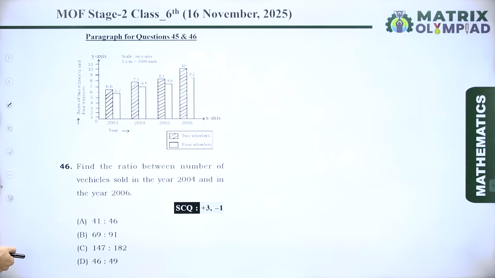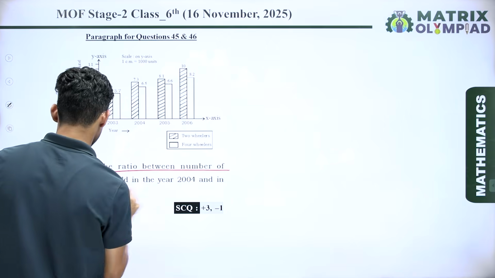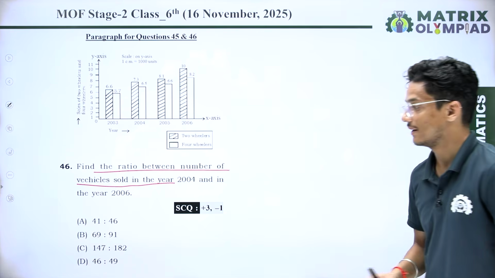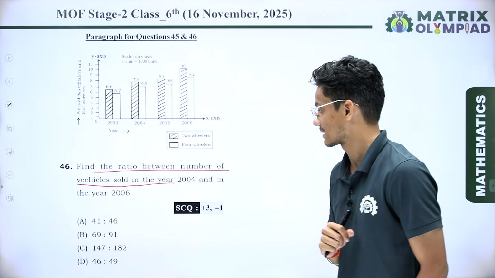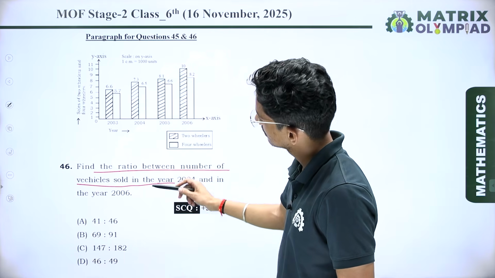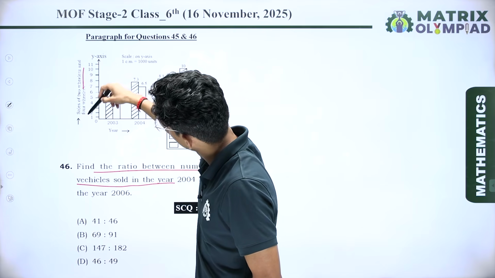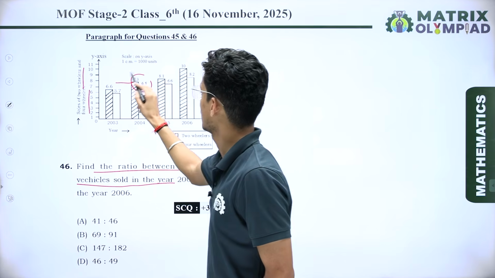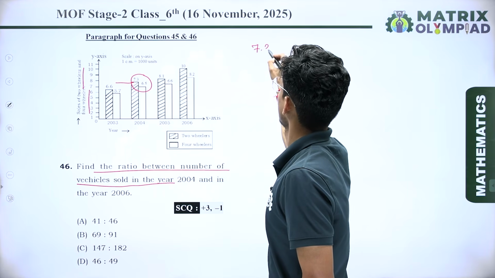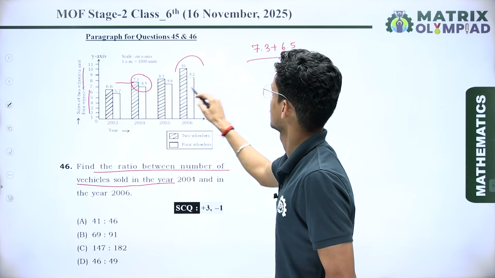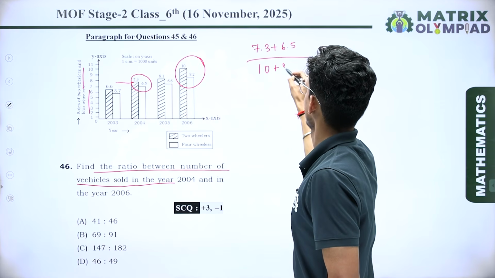Now the next question, which is again based on the same paragraph: find the ratio between the number of vehicles sold in the year 2004 and in the year 2006. In 2004, the sales of 2-wheelers and 4-wheelers are 7.3 and 6.5, and in 2006, that is 10 plus 8.2.